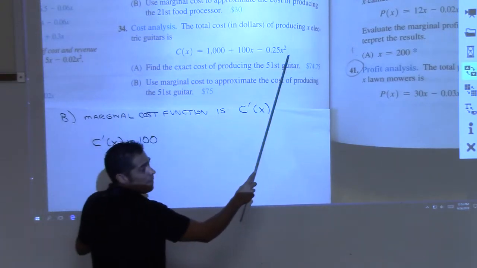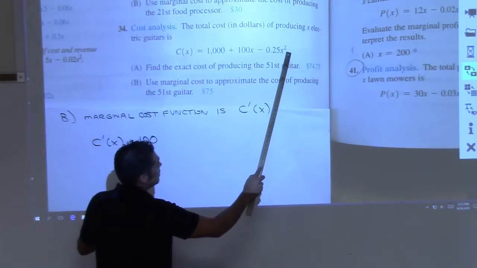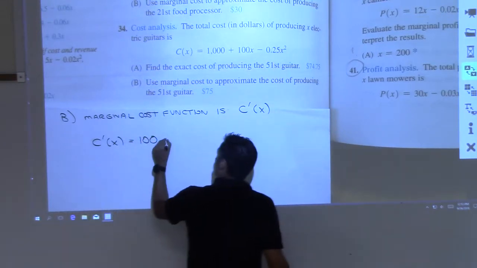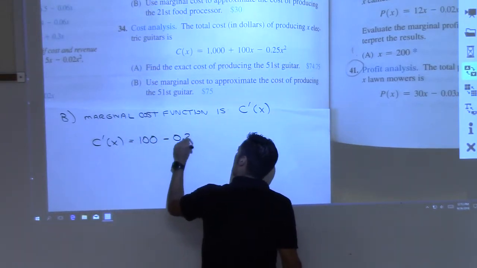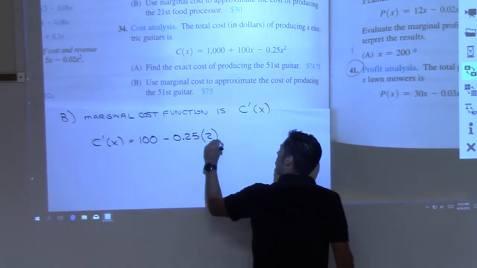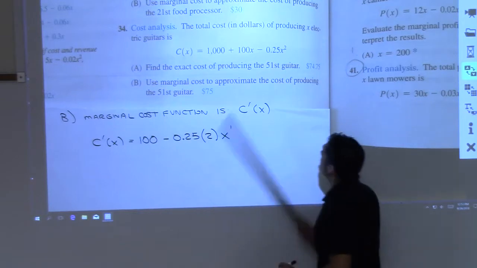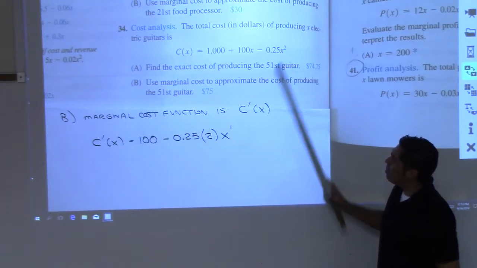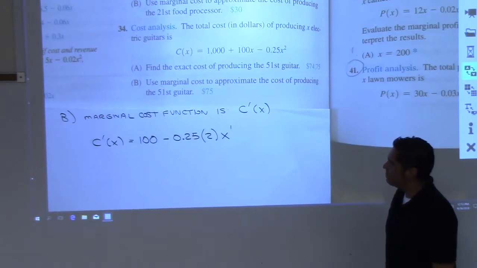This is the power rule that we learned a week or two ago. You take that 2, drop it out front. We have negative 0.25 times 2, and then x to the first power. The power 2 came down in front, and then we subtracted 1 from the power, and we just get x to the first power.